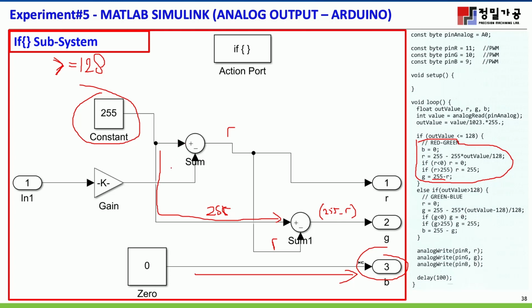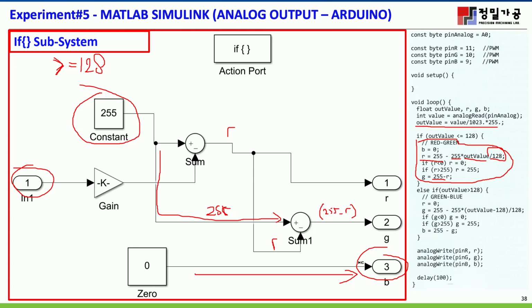And in here we have the R definition, which is 255 minus 255 odd value. What is the odd value? This one is the input value in this case. Okay, convert.